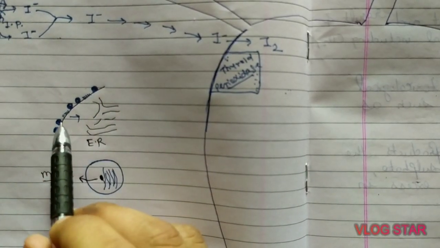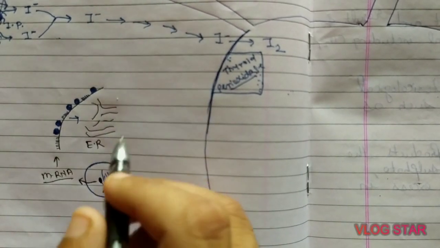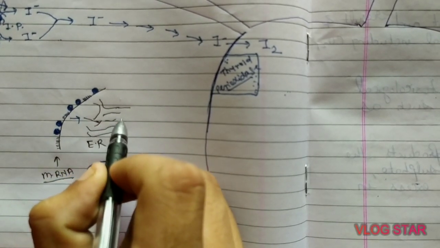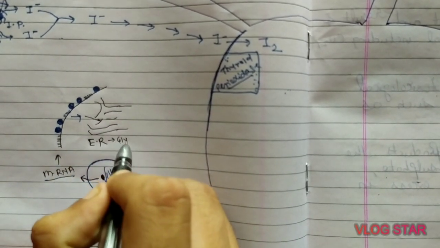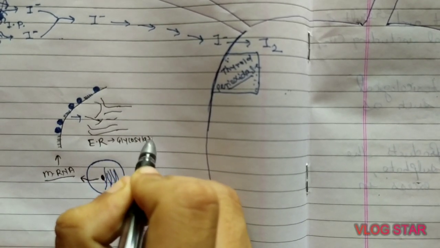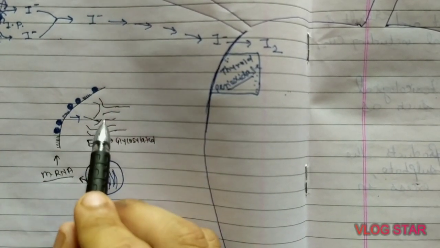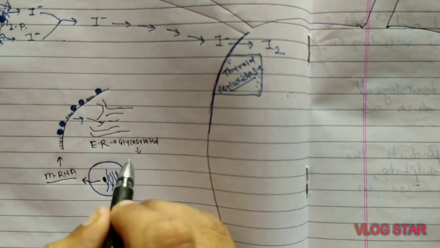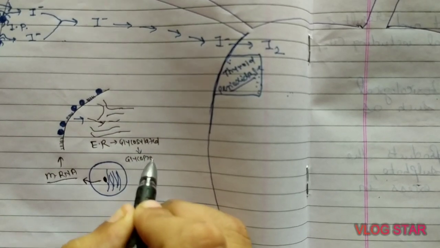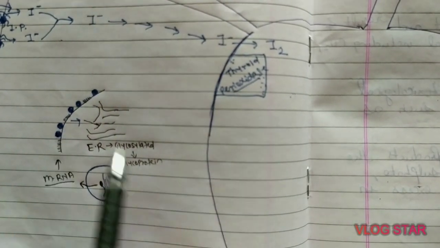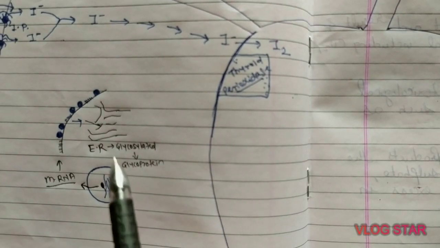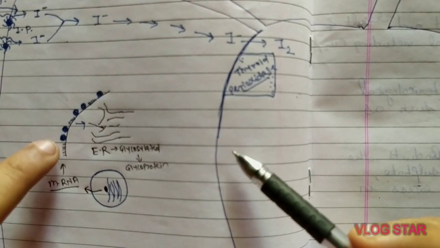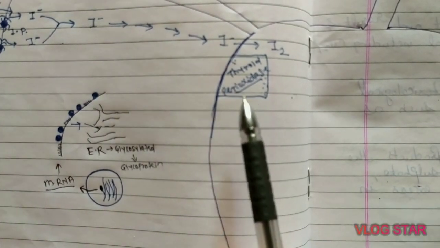Once this protein enters into the endoplasmic reticulum, it gets glycosylated and gets converted into a glycoprotein. So in the endoplasmic reticulum, the glycosylation of this protein happens and it is converted into the glycoprotein.